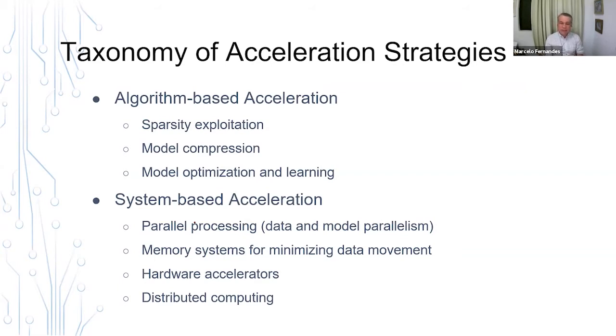In this case, I'm going to create specific hardware, dedicated, specialized hardware, and distributed computing. You can see that the second part is more about the structure: I'm going to change the deep learning structure. And in the first part, I'm going to change the deep learning algorithm to accelerate the process.